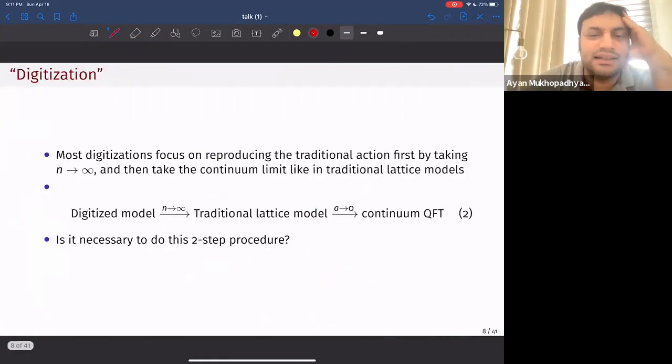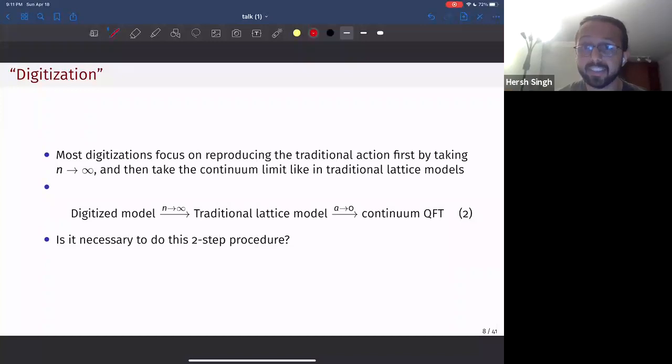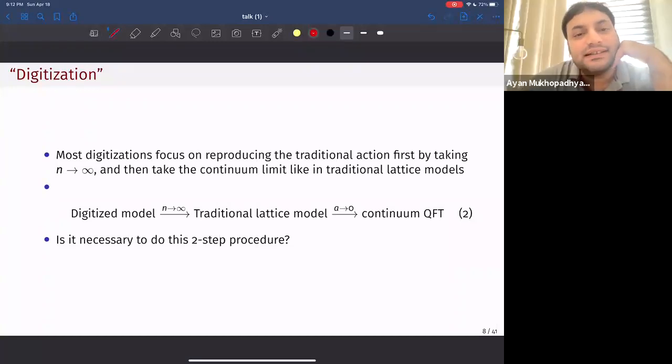Hersh, yes. Can I ask something, a naive question, actually? Of course, for gauge theories, the gauge degrees of freedom are really not observable in some sense. When you talk of the lattice, you're already talking about a manifestly gauge invariant formulation, right?